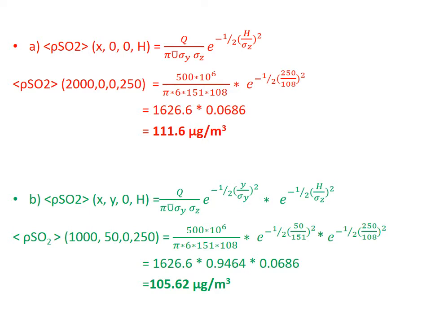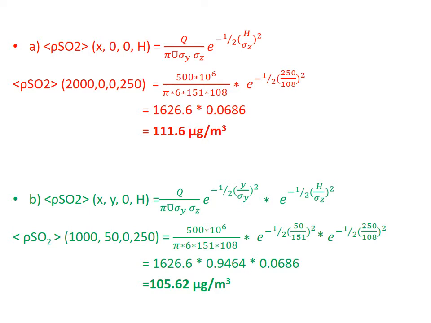We already have the value of Q as 500 gram per second, which we have converted into 500 into 10 raised to 6 microgram per second. We have the value of u bar as 6 meter per second, sigma y 151, sigma z 108, and capital H 250.